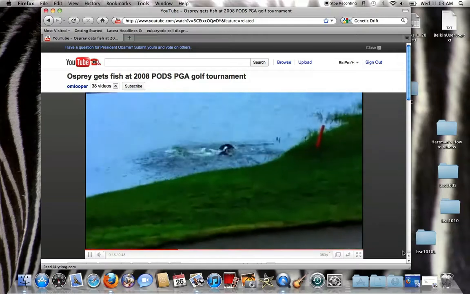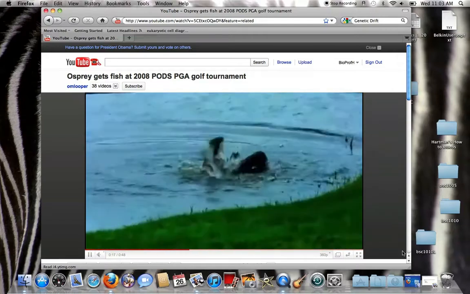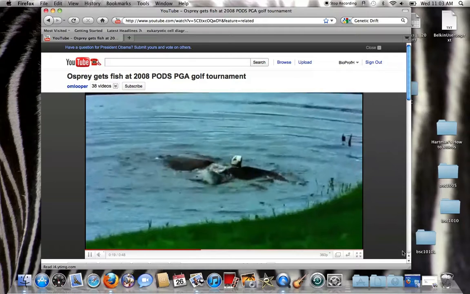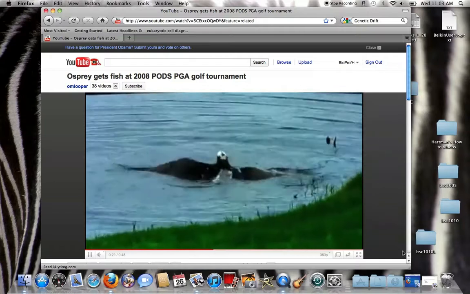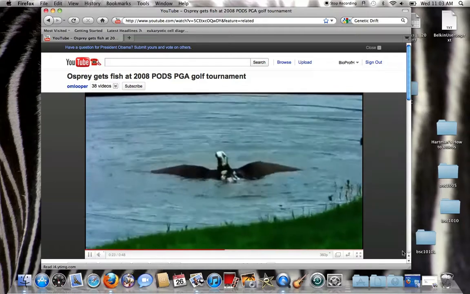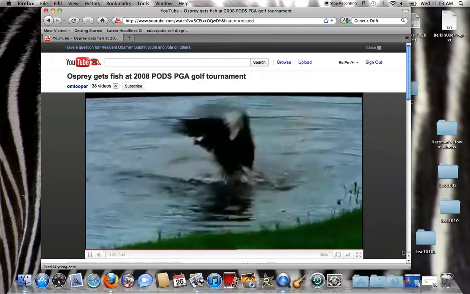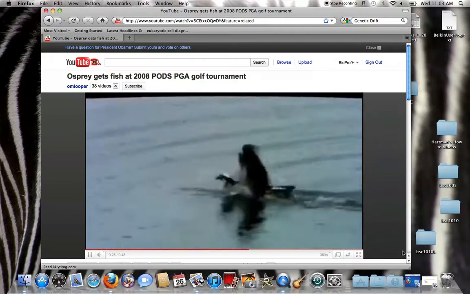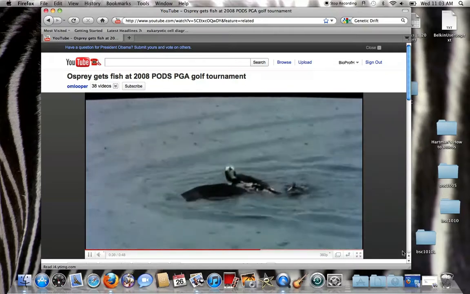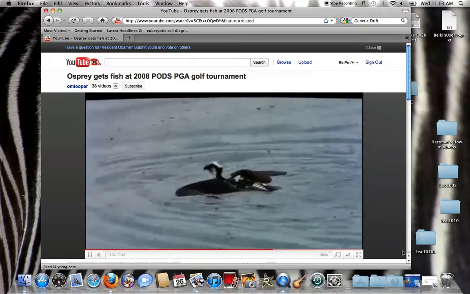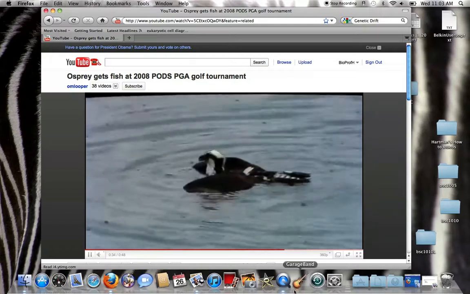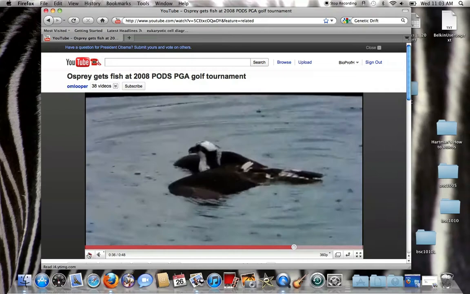They're found over freshwater lakes and some intercoastal waterways and things. But anyway, this bird seems to have gotten a fish that's very large. Now notice this poor bird is fighting with the fish.